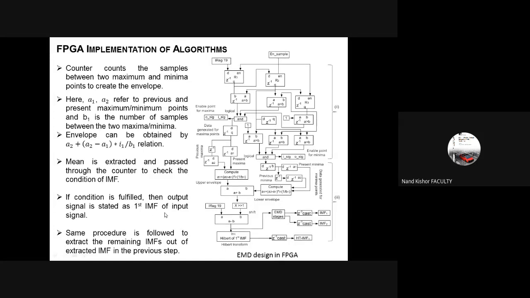That will be the input signal for the next stage in the iterative process. Thus we do the complete iteration for the remaining IMFs till we get the final residue. This is the complete illustration that we have applied for EMD development in an FPGA block.